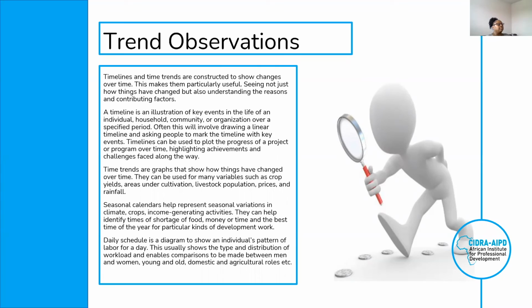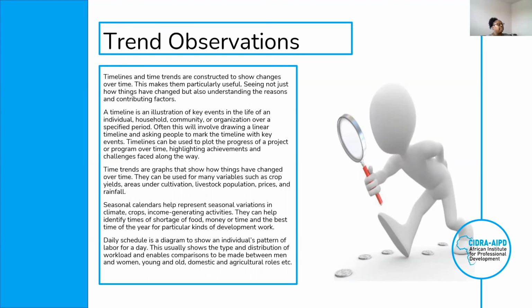Trend observations. Timelines and time trends are constructed to show changes over time. This makes them particularly useful, seeing not just how things have changed, but also understanding the reasons and contributing factors.